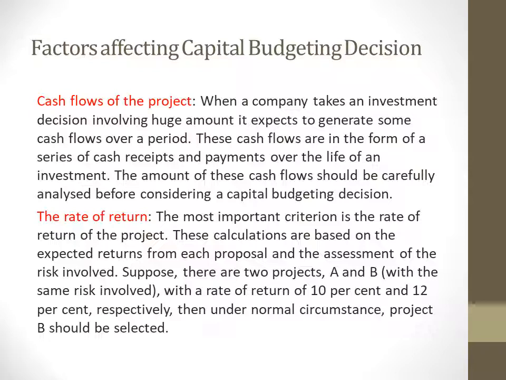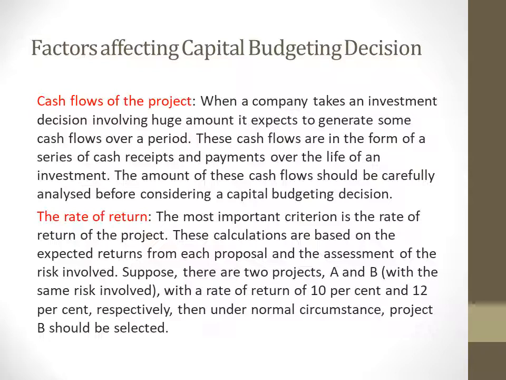So every businessman or every large organization, while going to invest in a fixed asset, has to make some calculations. Those calculations will be based on expected returns from each proposal. Each proposal here means that a company is not going to invest in a single asset.